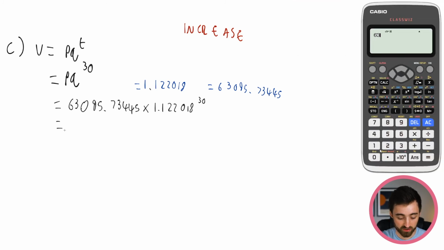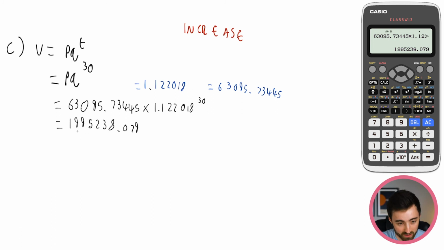So 63095.73445 times 1.122018 to the power of 30. I think this is going to be massive, by the way. 1,995,238.079. So we're super, super close. How many numbers are this? Is that 2 mil?